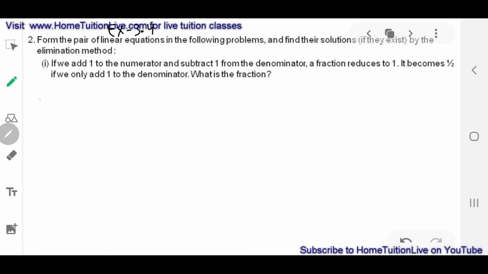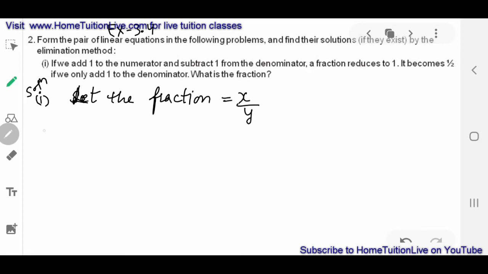So let the fraction be x by y. According to the question, if the numerator is x, if we add 1 to x and subtract 1 from y, we will get 1.